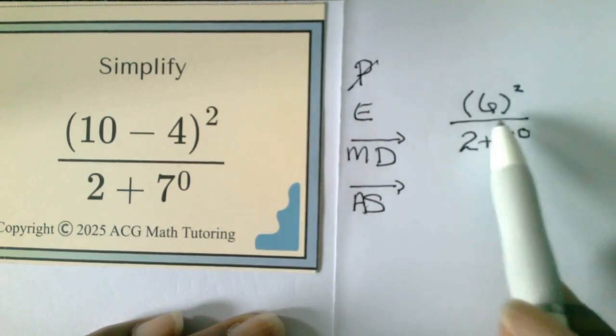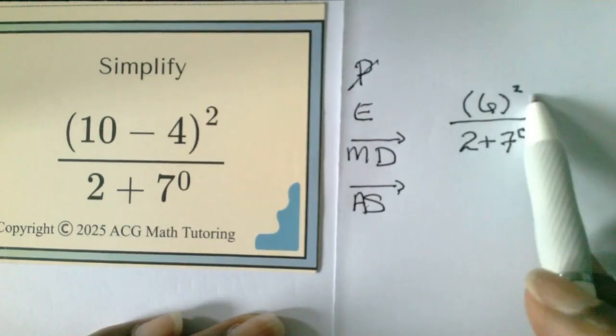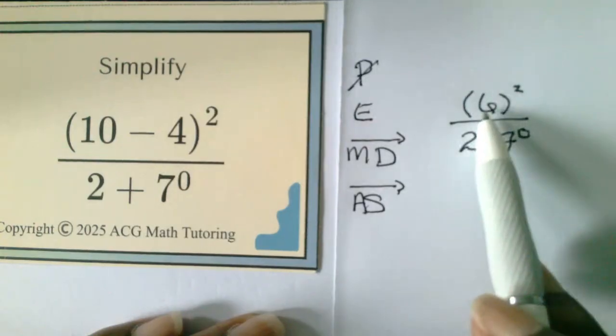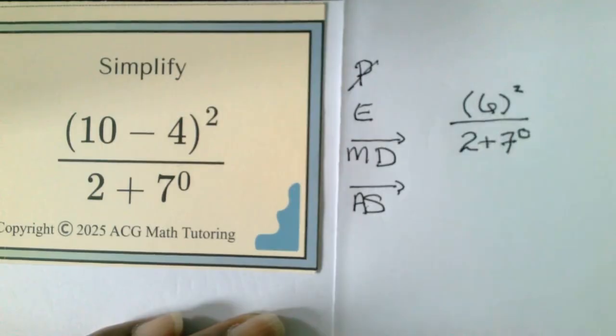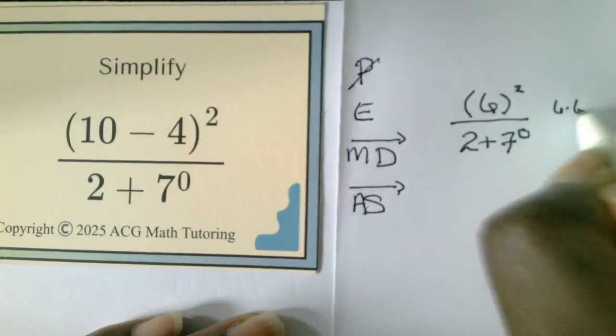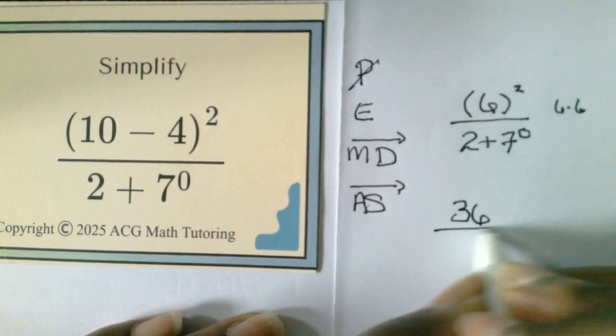And then 6 to the 2nd power is not 12. You're not multiplying the 6 and the 2. They're not even the same size. So you're basically saying, I want us to multiply this base of 6 to itself twice. So that means this is really saying 6 times 6, and 6 times 6 gives us 36.